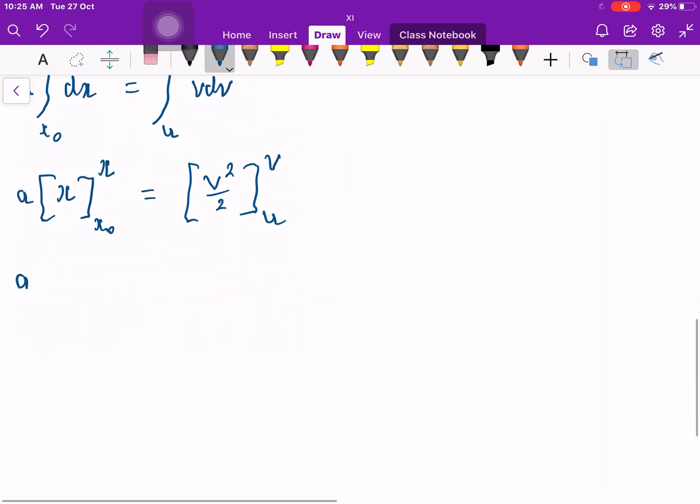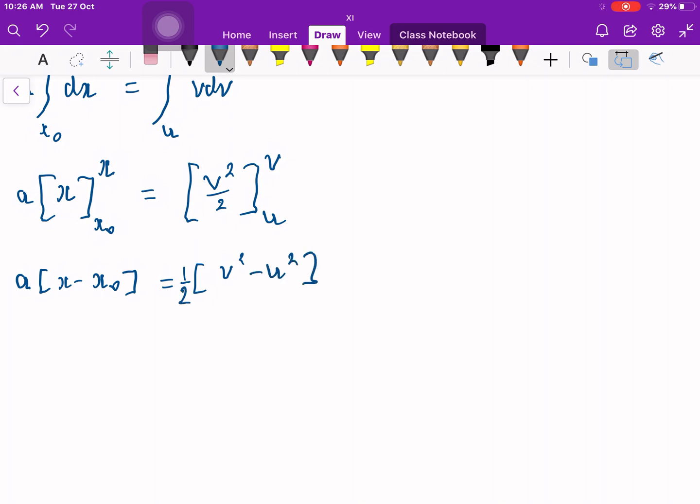Here I can write x minus x0, higher limit minus lower limit, is equal to, taking out 2, v square minus u square, over 2. Let x minus x0 again be s, so I can write as is equal to 1 by 2 times v square minus u square.